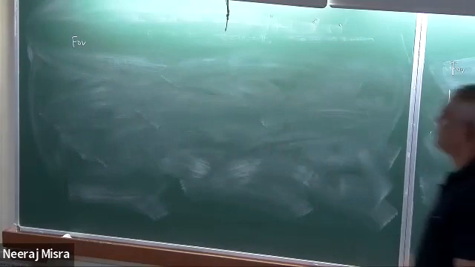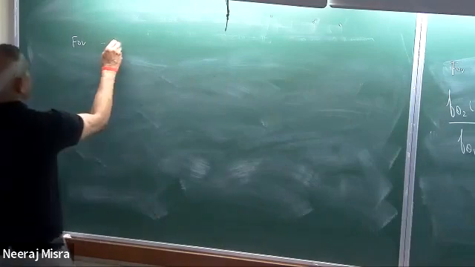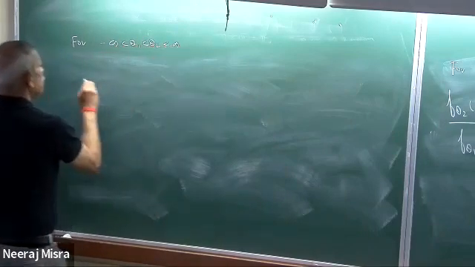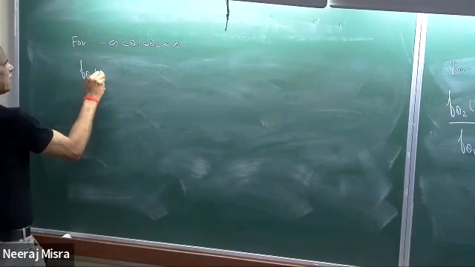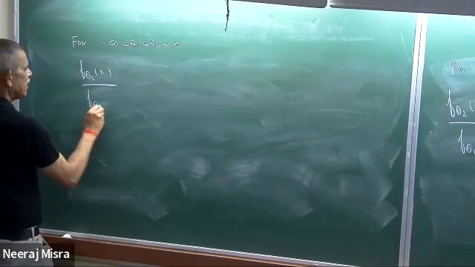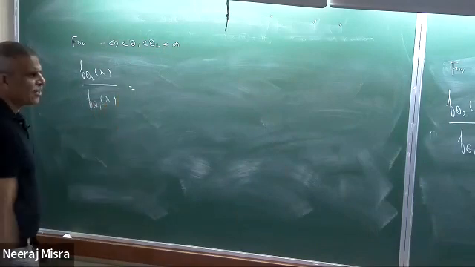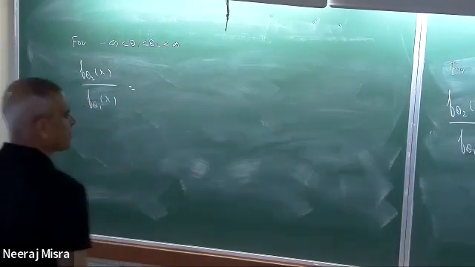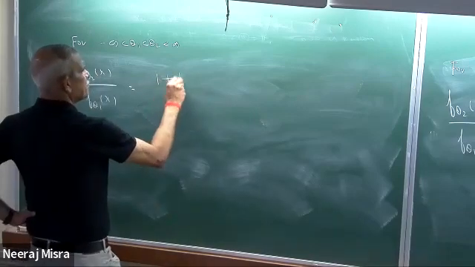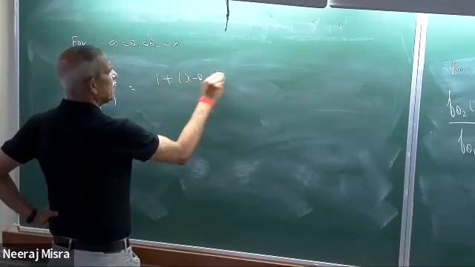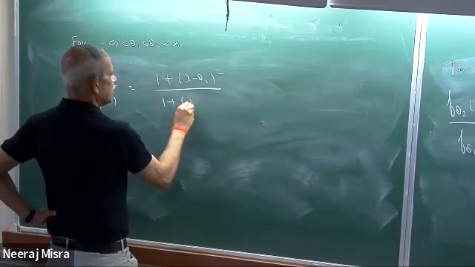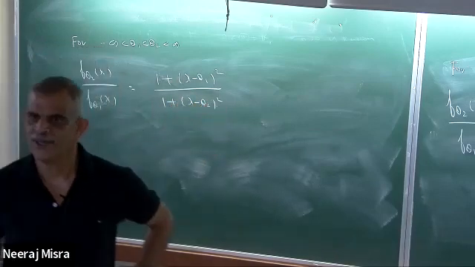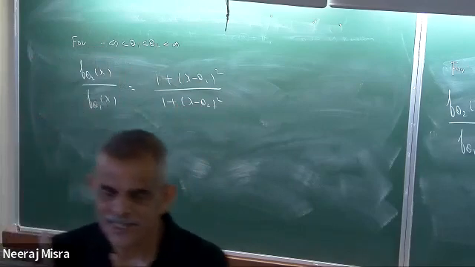So for theta 1 less than theta 2, f theta 2 x upon f theta 1 x turns out to be how much? 1 plus x minus theta 1 whole square upon 1 plus x minus theta 2 whole square.